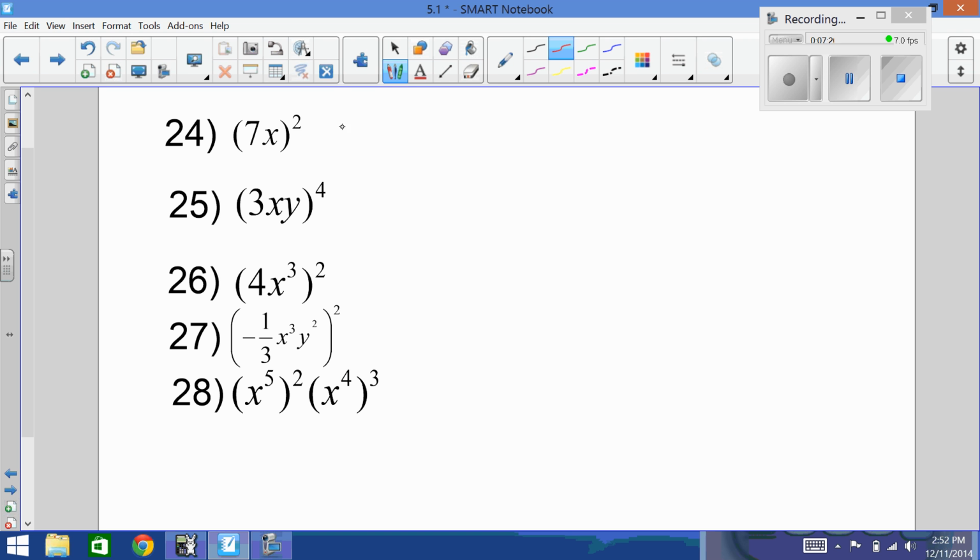Say for number 24, you should get 49x squared. Number 25, you should get 3 to the 4th power, x to the 4th, and y to the 4th.